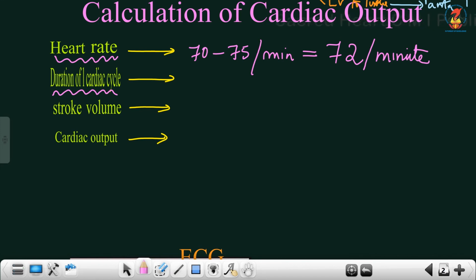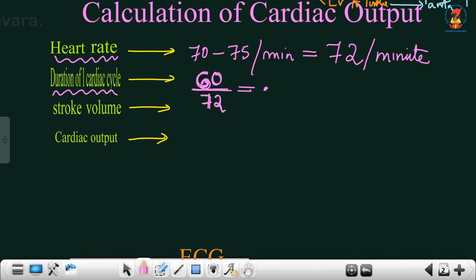Now, let us calculate the duration of one cardiac cycle. What is the time taken by one cardiac cycle? This can be calculated by 60 divided by 72. That is, we have 72 beats per minute. So, in 1 minute, 60 seconds, divided by number of beats, 72.